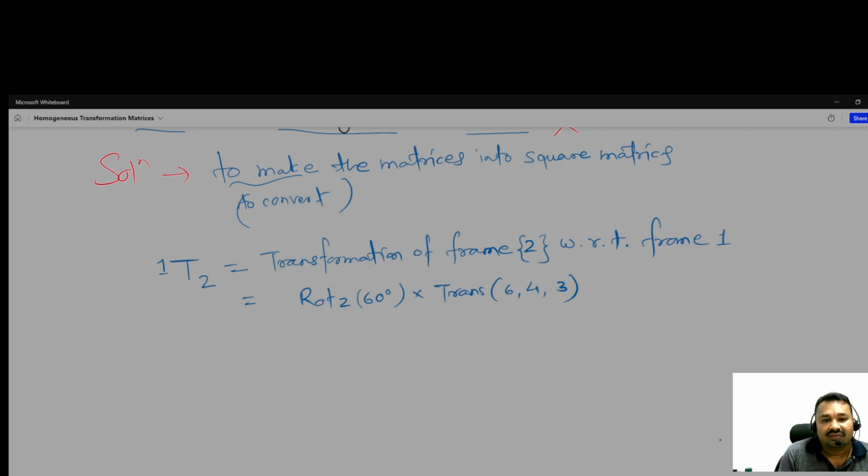Okay. So what will be the size of this? 3 by 3. And what about this? 4 by 4. So can we multiply? No, it is not possible. Then what do we do? So rotation about the z-axis. So what do we do here?